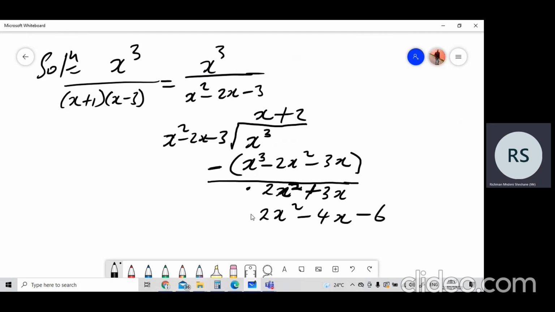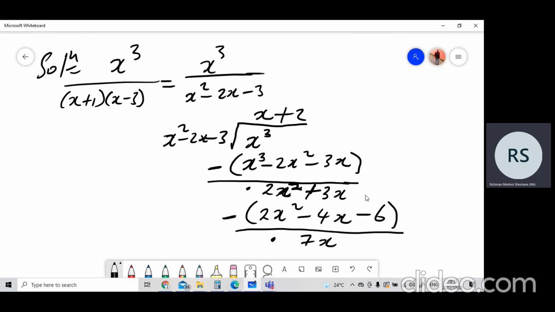Then, by the rules of long division, we put brackets and a minus sign here. 2x squared minus 2x squared is 0, and 3x plus 4x gives you 7x.